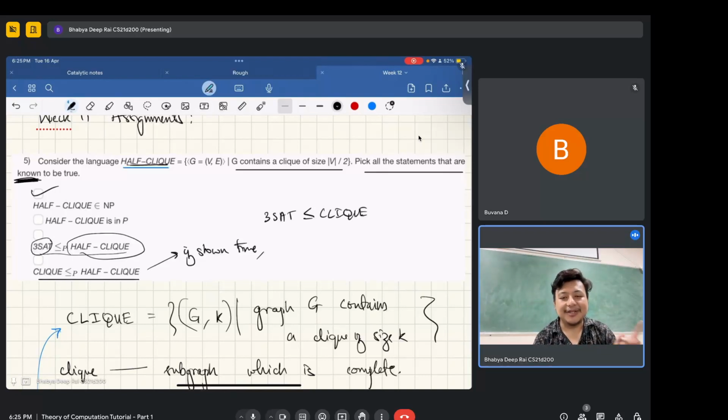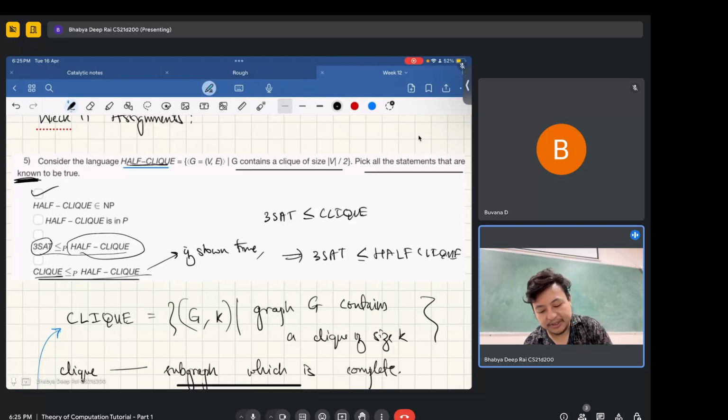Actually, both of them are complete, they reduce to each other. But we already know that 3-SAT reduces to clique, and if clique reduces to half clique, it would mean that 3-SAT would reduce to half clique also. So both these options would be true if the bottom one is true. So let's attempt the bottom one. Let's attempt clique reduces to half clique.